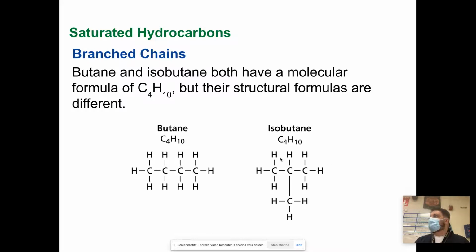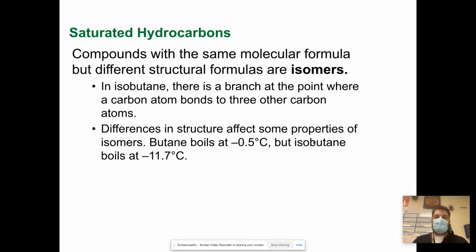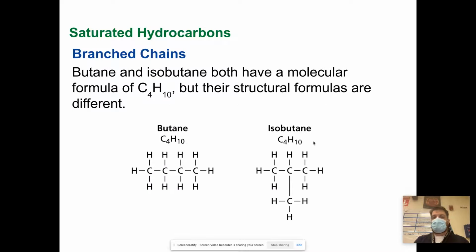Remember that isotopes are the same atoms but a different configuration. Same thing with butane and isobutane, okay? So compounds with the same molecular formula but different structural formulas are isomers. So those are isomers. Okay.